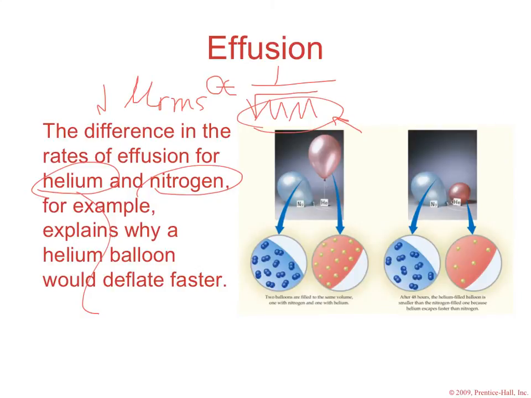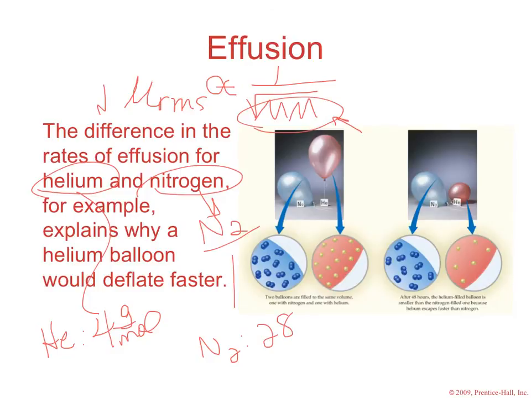The periodic table would tell you that the molar mass for helium is 4. Helium is monoatomic, He. Nitrogen gas, you'd have to remember, is diatomic. So watch out, its molar mass is 28 grams per mole.